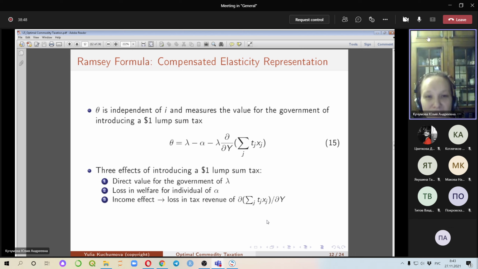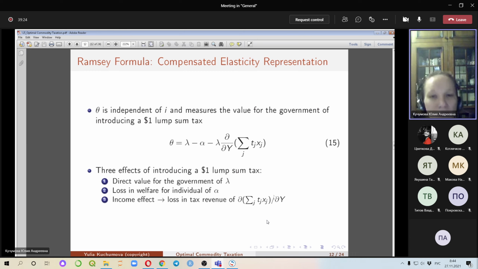But the meaning of this formula would be that if we took just $1 from the individual as a lump sum tax and gave it to the government, right? This is just a thought experiment, to understand the meaning of theta.